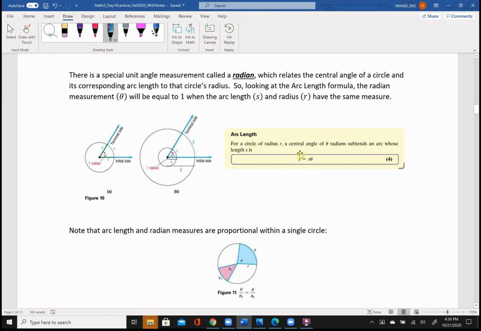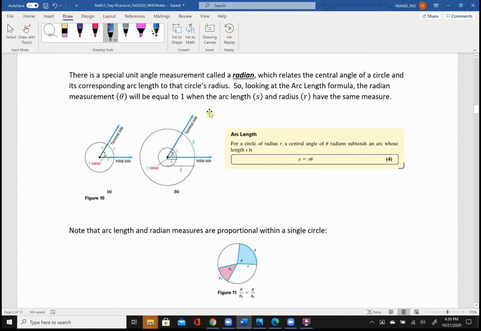And here is a formula relating this radian theta measure. Theta is a Greek letter that represents angle measurements, either in radians or degrees. It just needs to be specified.